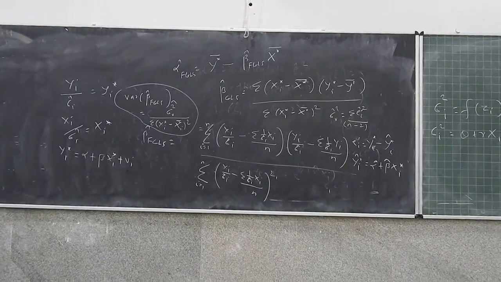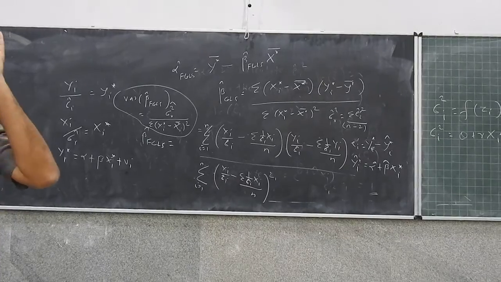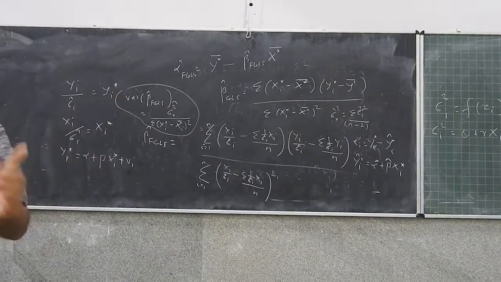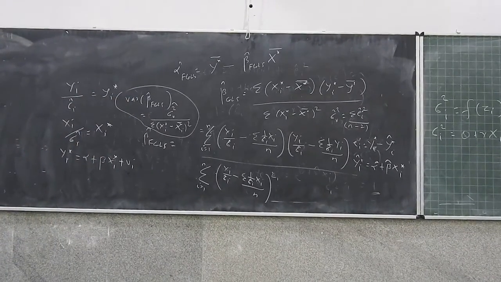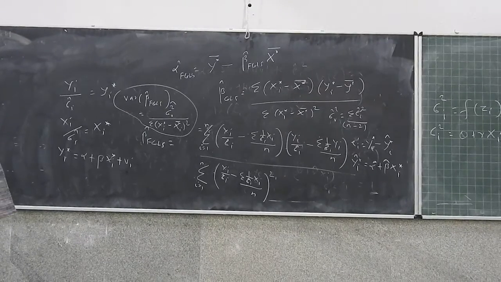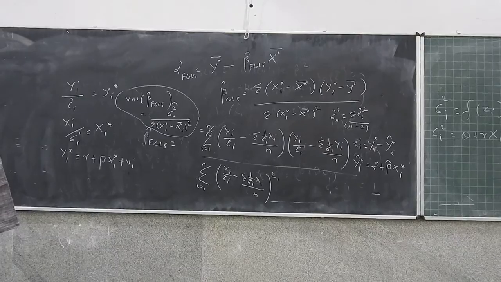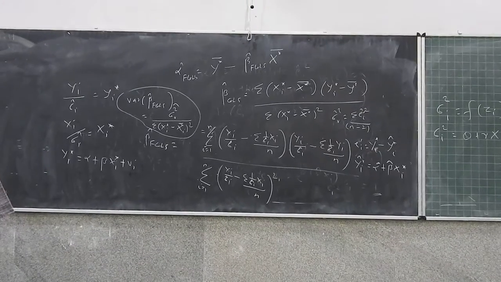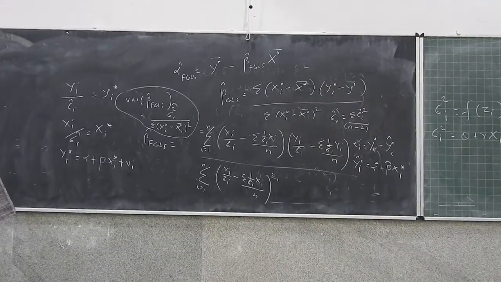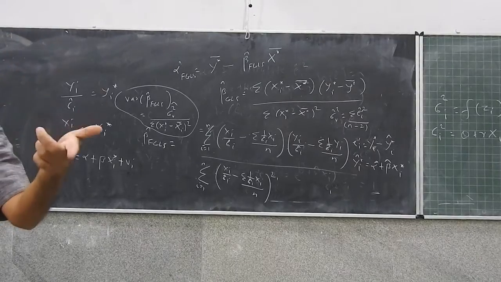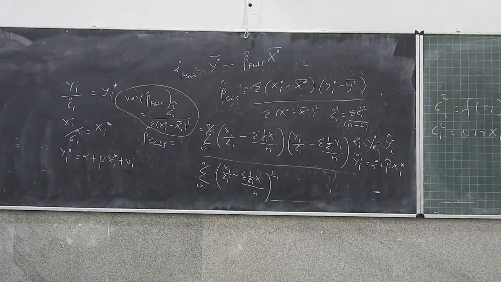So WLS is nothing but an application of the idea of GLS to a model with heteroscedastic disturbances. That is, you divide each of yi and xi by sigma i, then you get a weighted least squares. So weighted least squares is one particular application of the GLS idea in the context of heteroscedasticity.